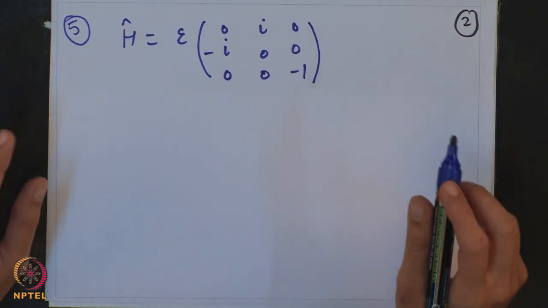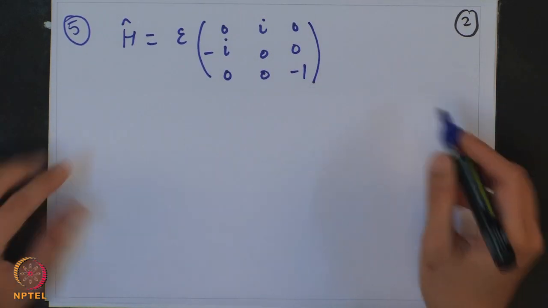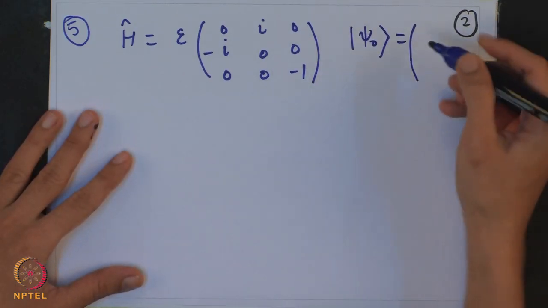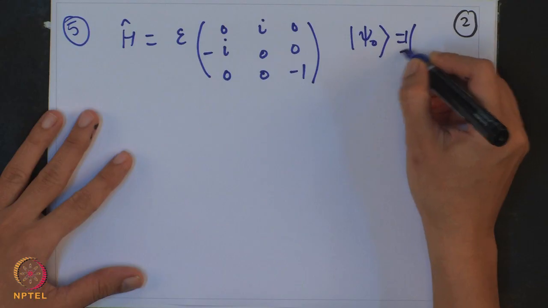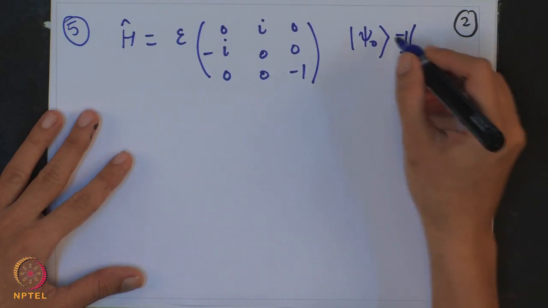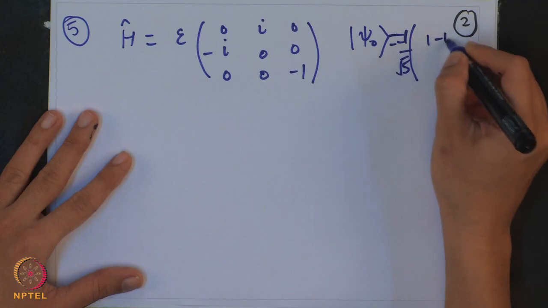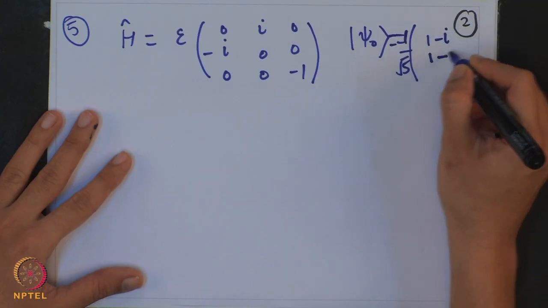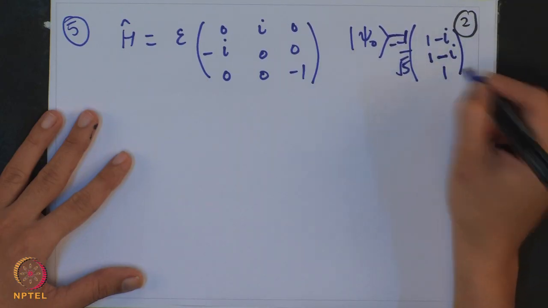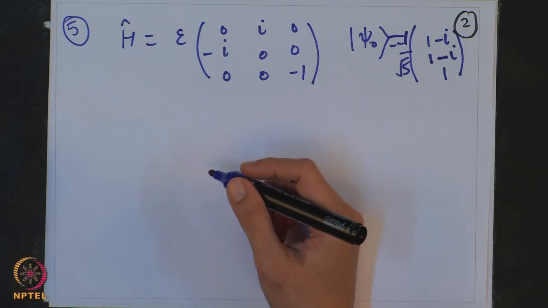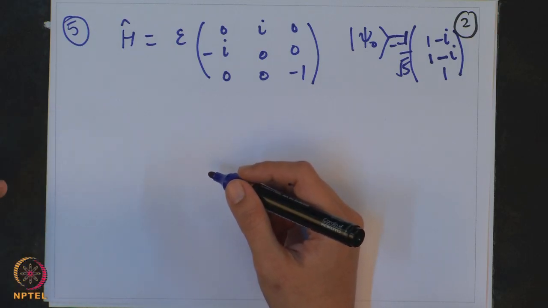This is the Hamiltonian operator and the initial state is given to you. The initial state is 1 by root 5 times 1, minus i, 1 minus i, and 1. And you are given a series of questions on this.